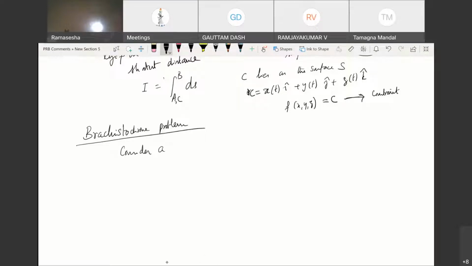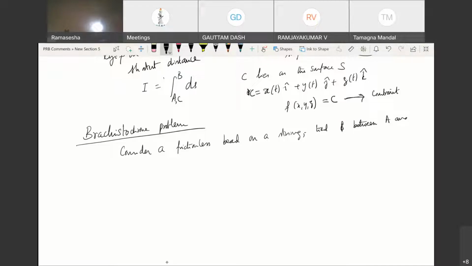a frictionless bead on a string tied between two points A and B. I will have a figure for you.